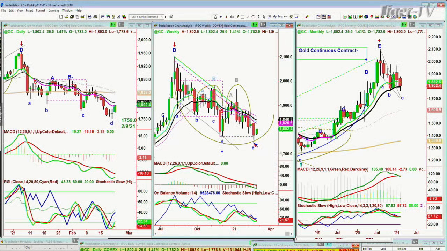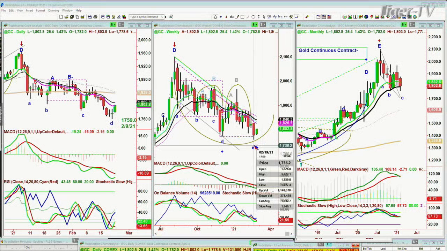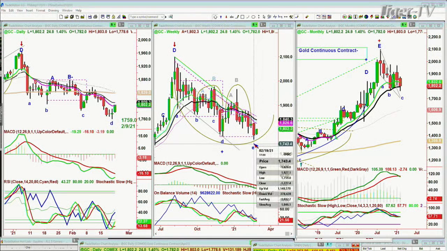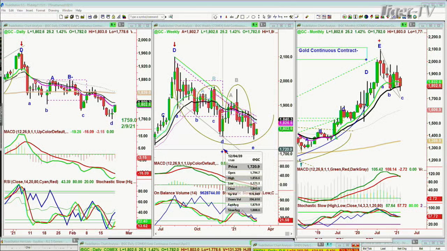I always look at round numbers, even though it was the futures. Round number low. And then what you want to see is, within 2 bars, maybe 3, a close above. Well, the close on Friday was 1777.4, so that was above the low of 1771 back on the 4th.